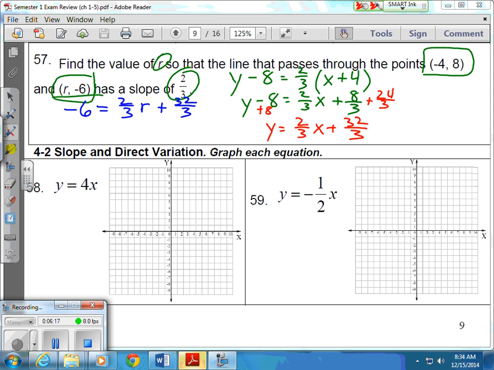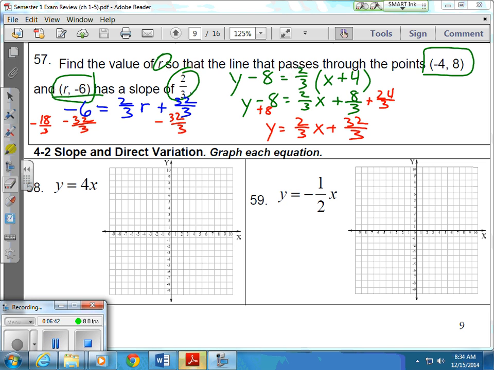So we're not going to add 6. We're going to subtract 32 over 3. So negative 6 with a denominator 3 is going to be negative 18 over 3. I get negative 18 over 3 minus 32 over 3, which comes out to negative 50 over 3.